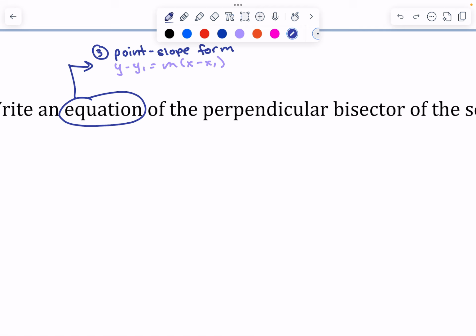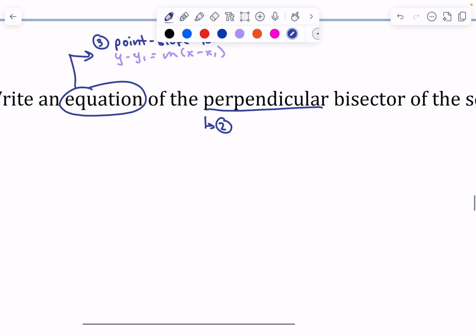If I want the equation of the line of the perpendicular bisector, then perpendicular means when we're doing lines, I need an opposite reciprocal slope in order to get perpendicular lines.